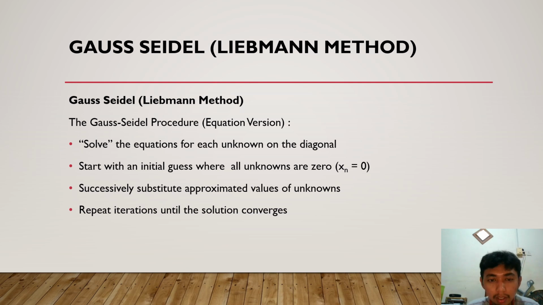Then we start with an initial guess where all unknowns are 0. We assume that for the first guess, all variables are 0, and successively substitute approximate values of the unknowns. Then repeat the iteration until the solution has converged.